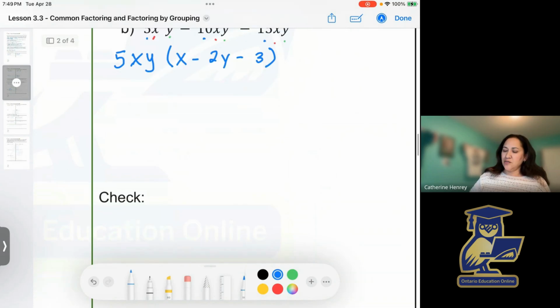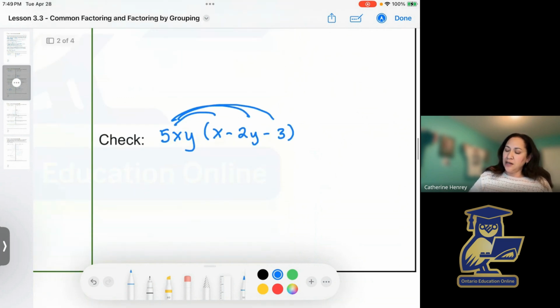So let's take this factored form down and let's check it just to make sure. So 5xy times x minus 2y minus 3. And again, we recall the distributive property. So 5xy times x is going to give me 5x squared y.